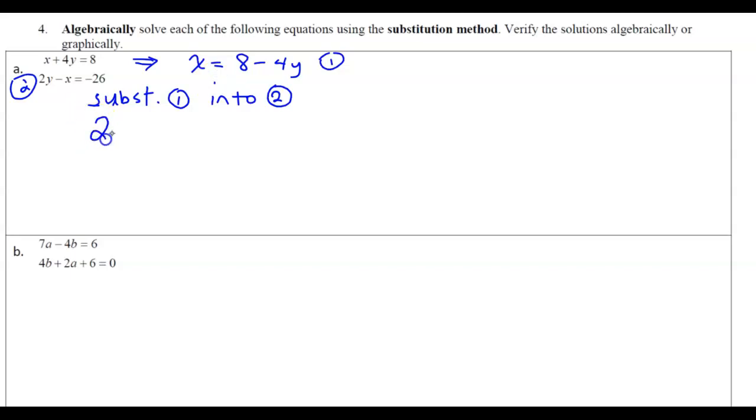So I copy out the 2y minus, I'm going to put brackets where I substitute the x in, equals negative 26. So my first step is just putting the brackets where the x is. Now, if you want to use a different color, you can. 8 minus 4y is what replaces the x.